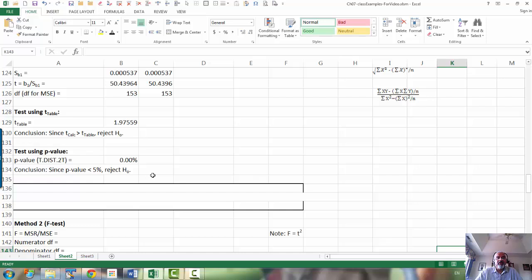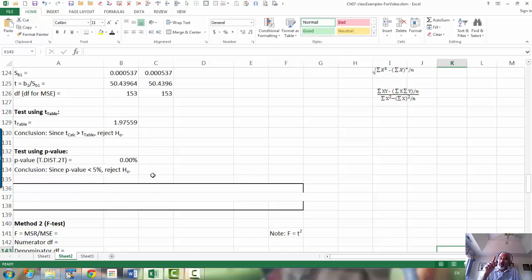So we can now make a conclusion, interpret the conclusion, and we can say that there is sample evidence to conclude that the regression between unleaded gas price per gallon, as the dependent variable, and the crude oil price per barrel 1 month prior, that regression slope coefficient is not 0.